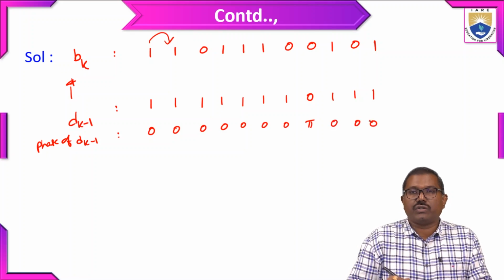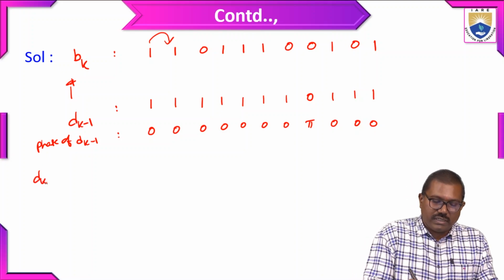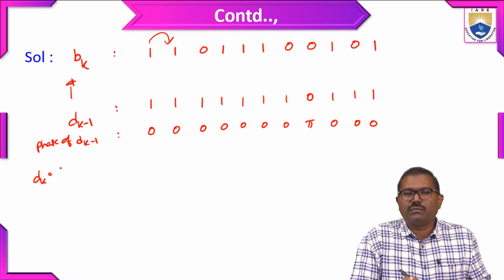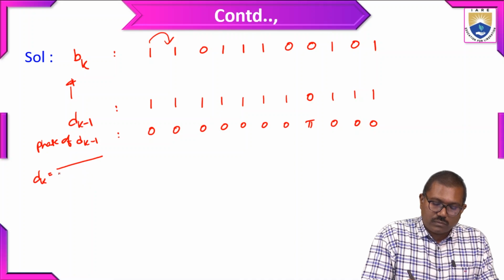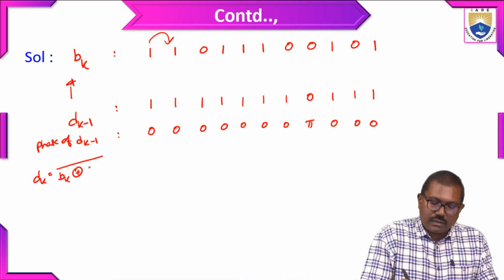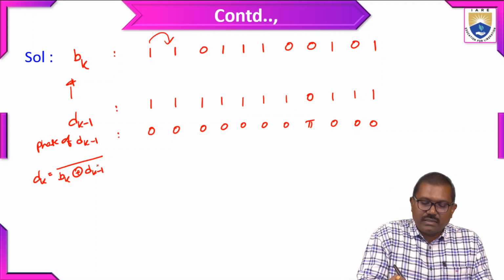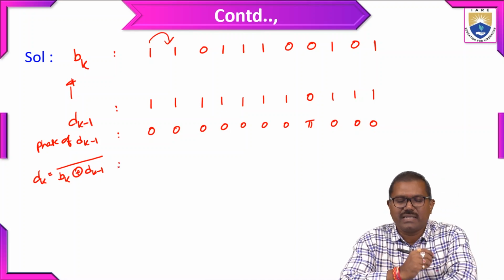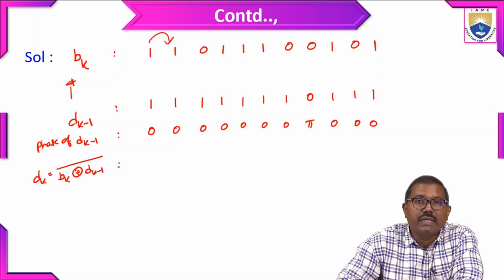Now d(k) is equal to the complement of b(k) XOR d(k-1). Understand? My d(k) is the complement of the modulo-2 sum of b(k) and d(k-1).